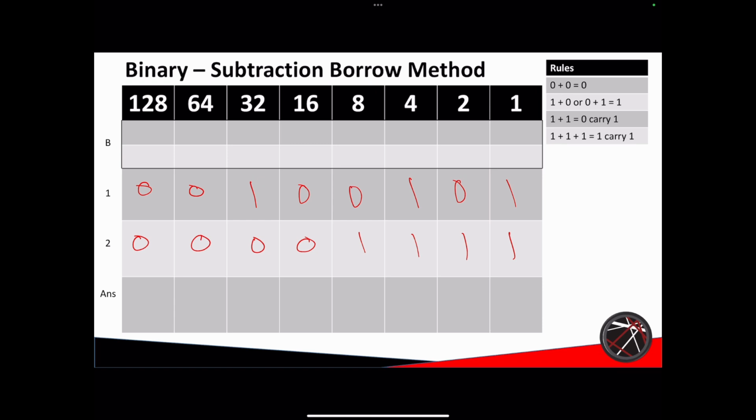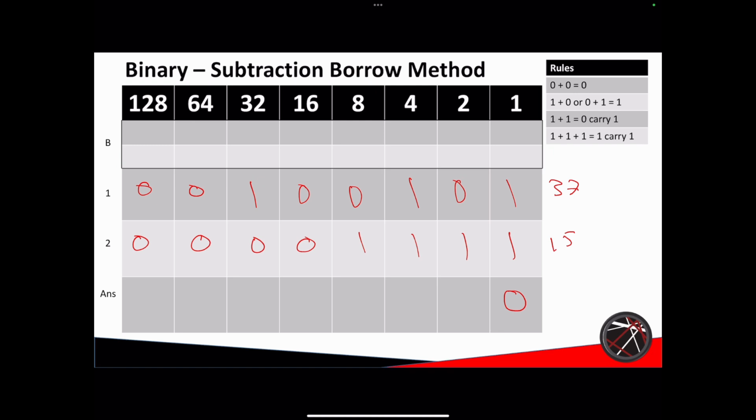So in other words, what I've got here is 37, and I've got 15 of another. So what I'm going to do here is take them away. So 1 from 1 will give us 0. And then 1 from nothing obviously doesn't go. You can't do it. In ordinary denary numbers we're kind of used to borrowing, aren't we? So we're going to do that.